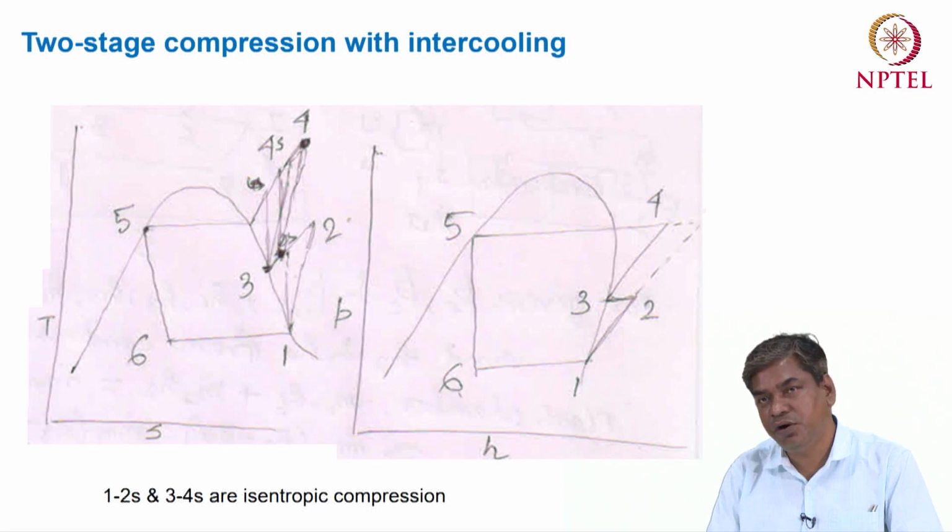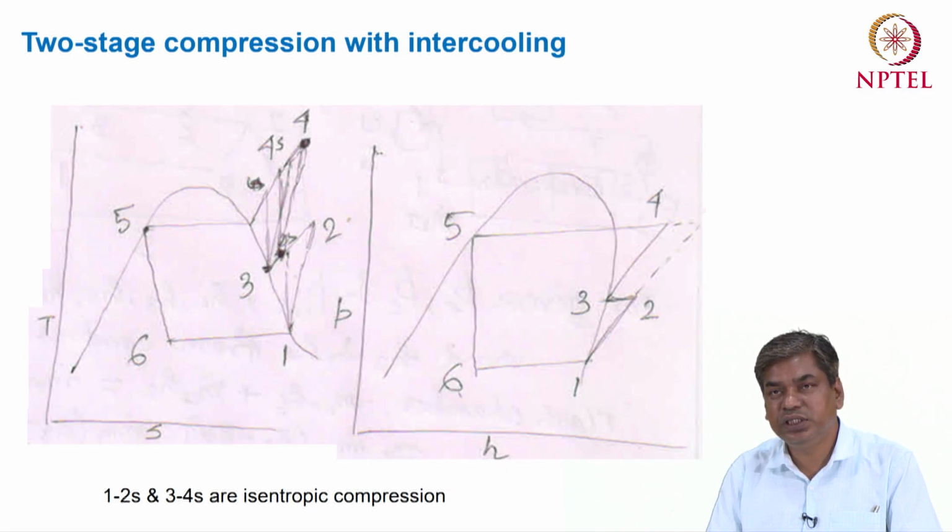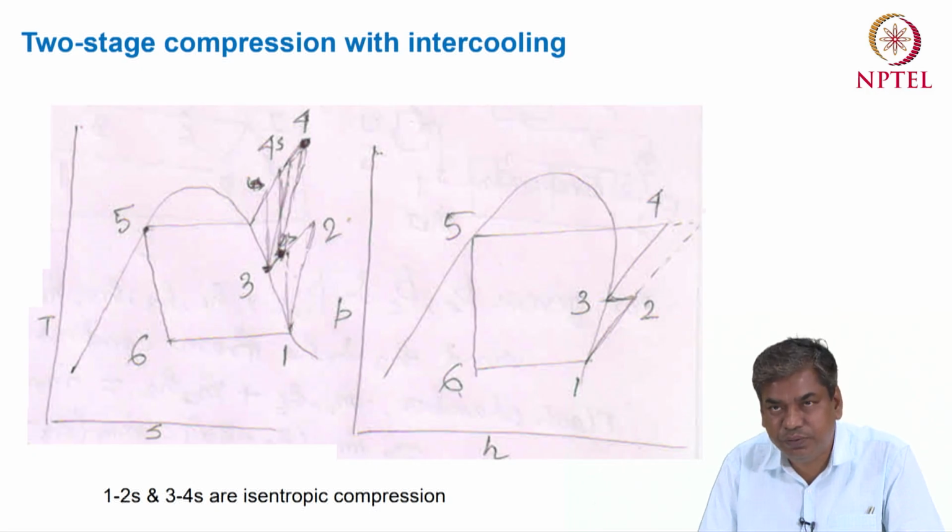Then point 2 is the superheated condition, so the refrigerant at point 2 can be cooled by using the intercooler. For this case we are assuming that this cooling process is up to the saturation point at that pressure.